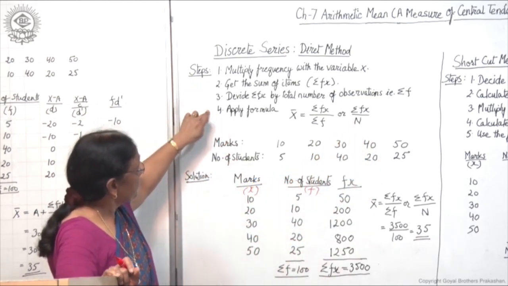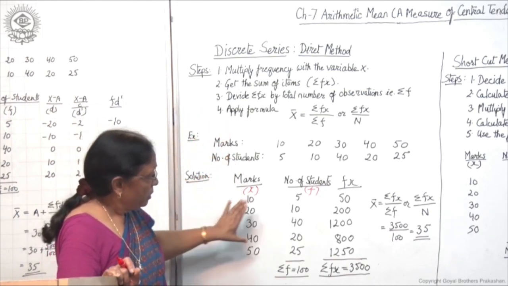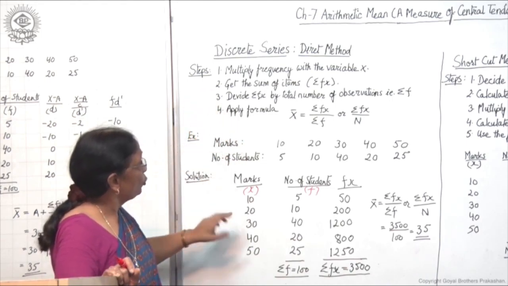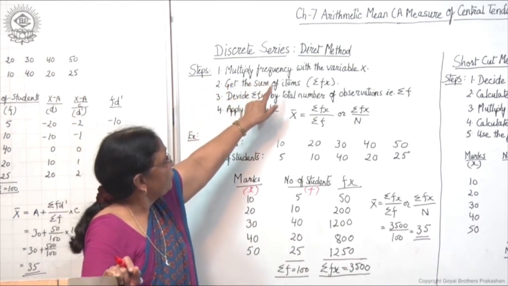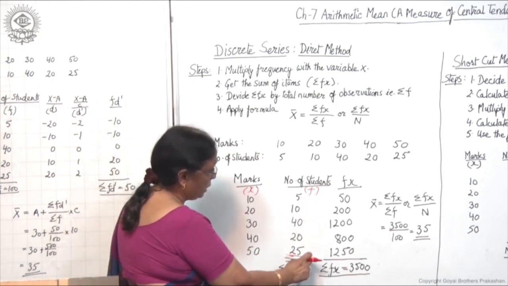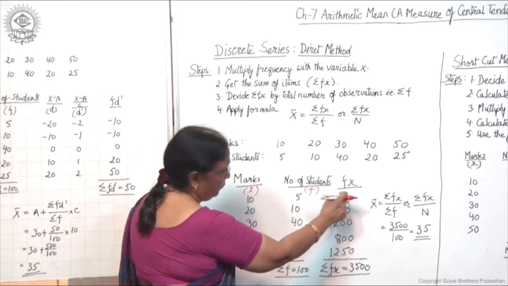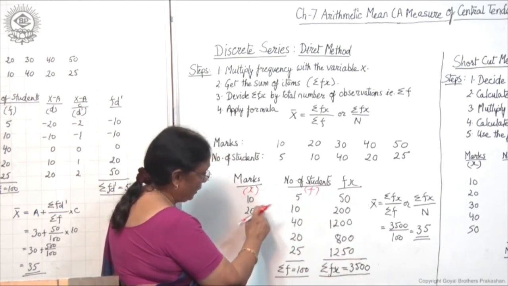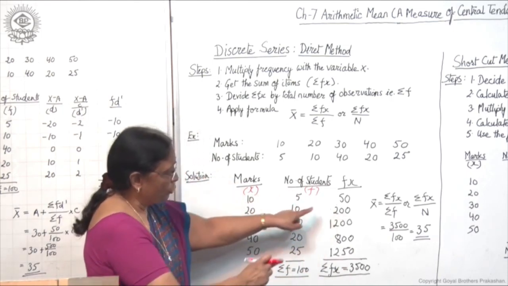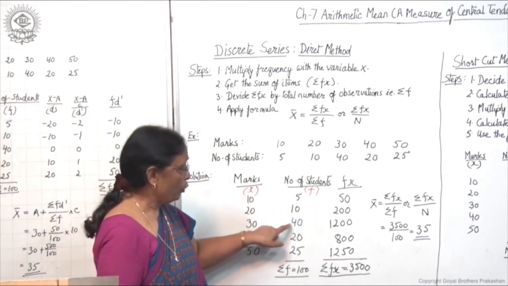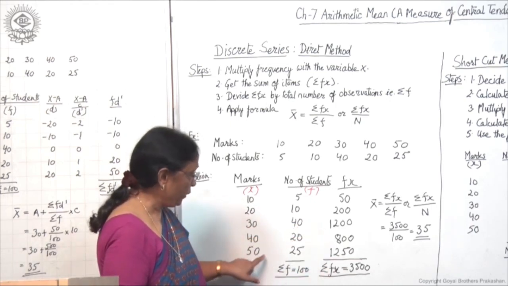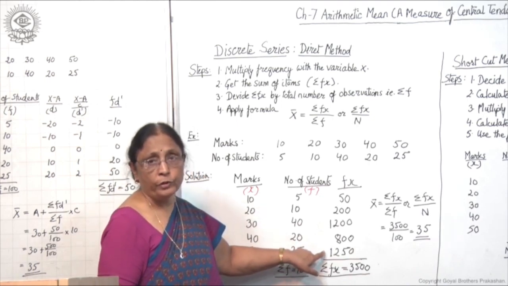Now these are the 4 steps. Just look at this table and see how the steps have been followed. First we have multiplied frequency with the variable. This is the variable, this is the frequency, and we have multiplied it to get fx. How have we multiplied? 10 into 5 is equal to 50, 20 into 10 is equal to 200, 30 into 40 is equal to 1200, 40 into 20 is 800, 50 into 25 is 1250.